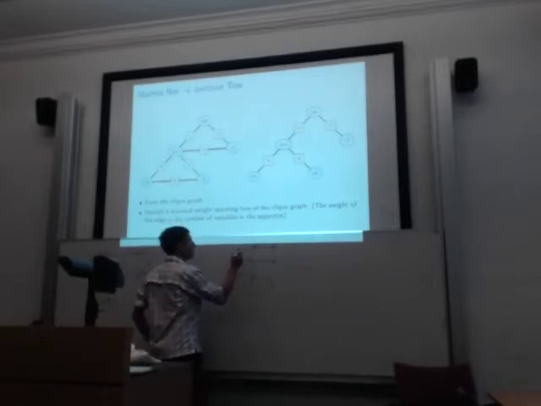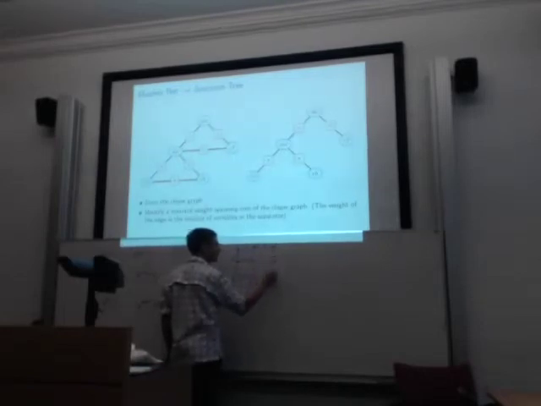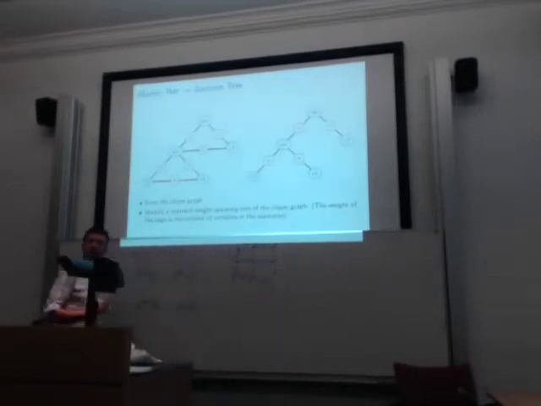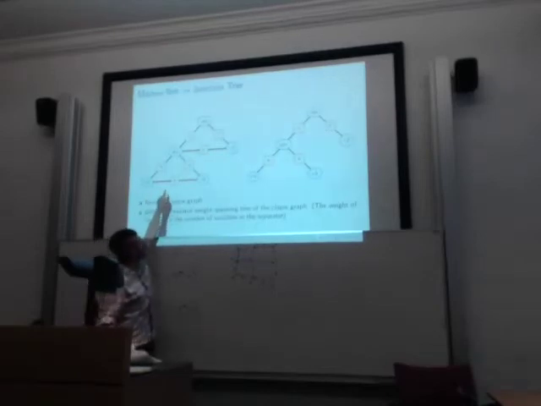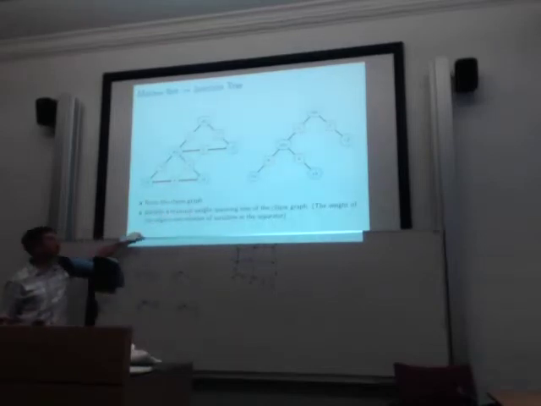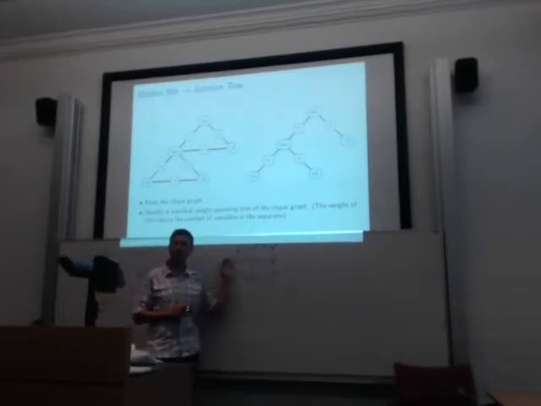Let's say that the weight of these edges corresponds to the number of variables in the separator. So you might have one variable here, two variables here, three variables there, one variable, two. So the graph nodes are represented by the cliques, and the weights of these edges are represented by the number of variables in the separator. But then, of all the possible spanning trees that exist, I find the one which has the biggest weight.